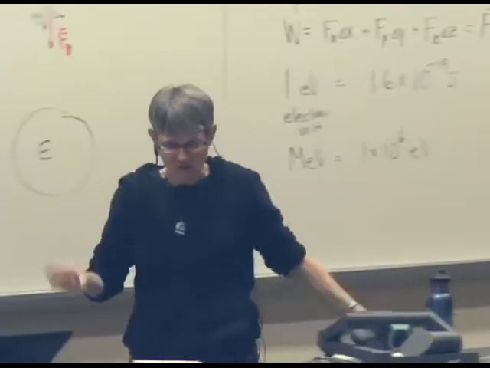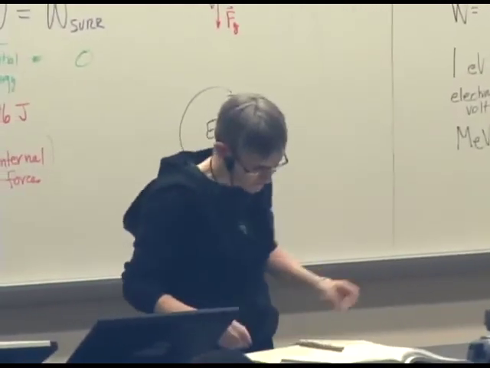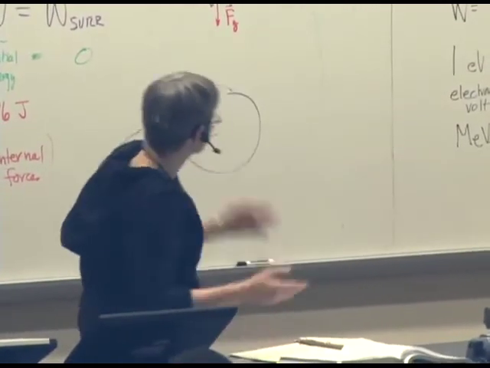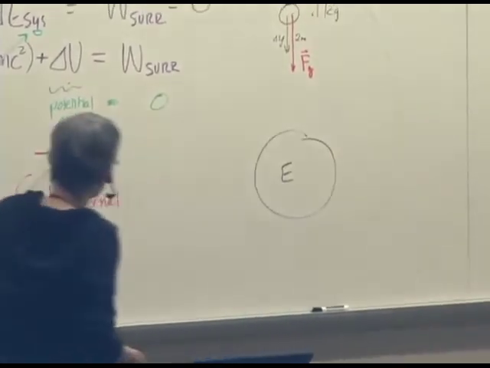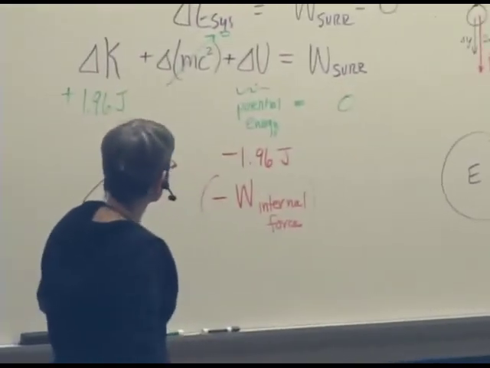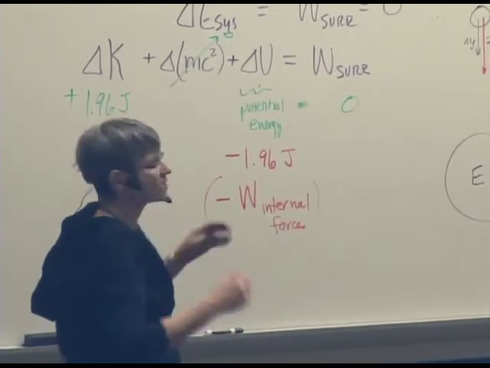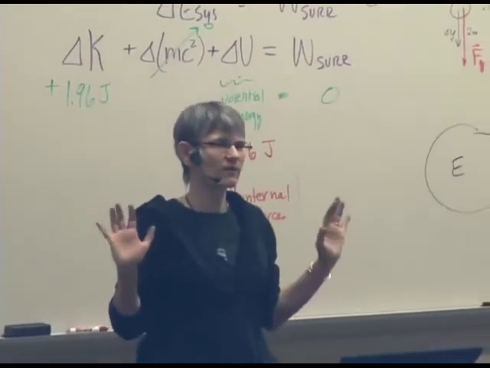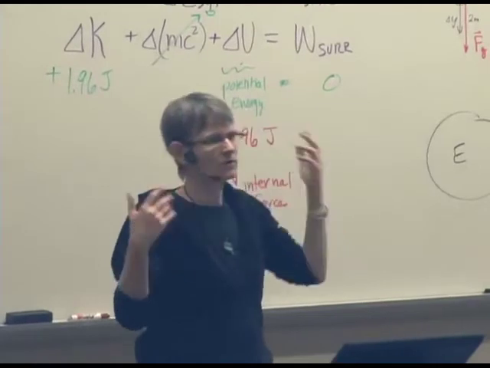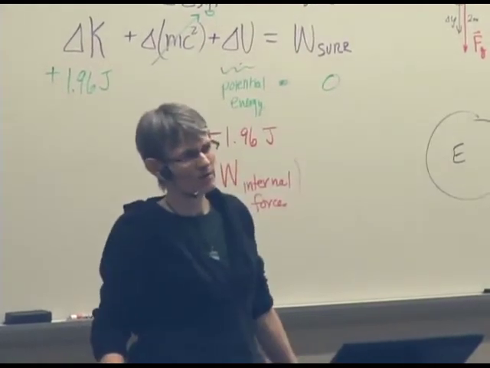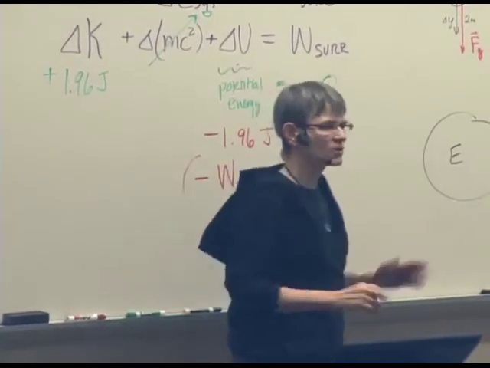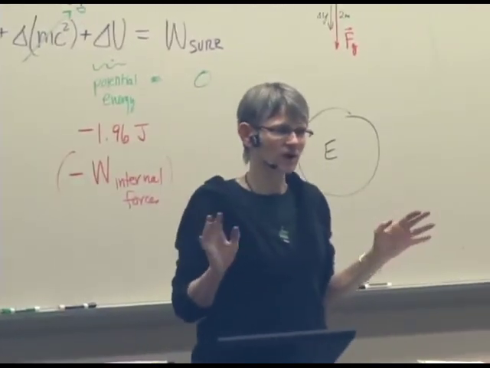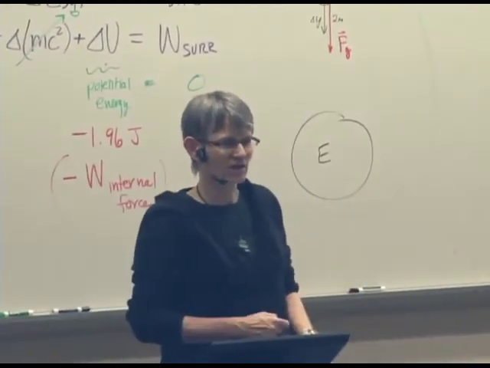So potential energy is actually defined as the negative of the work done by forces internal to the system. It turns out to be such a useful way of thinking about energy, because we often want to think about more than one object as the system, that we end up working out expressions for potential energy for a lot of situations that we can then use.